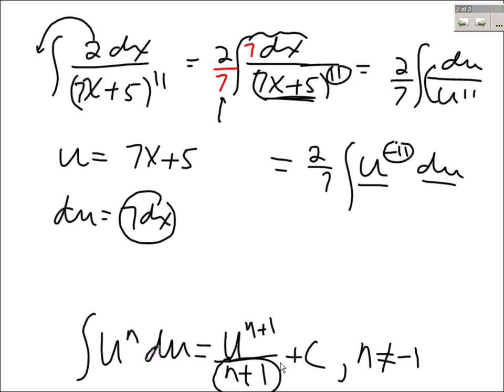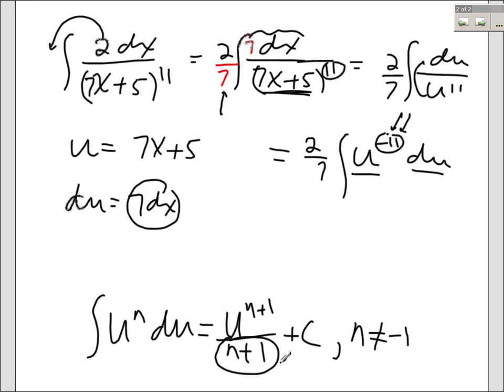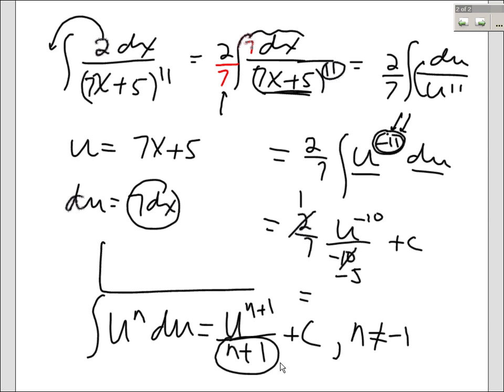Here n is negative 11, so I add 1 to the power and I get negative 10, and then divide by negative 10, plus c. The numerator is positive, the denominator is negative.